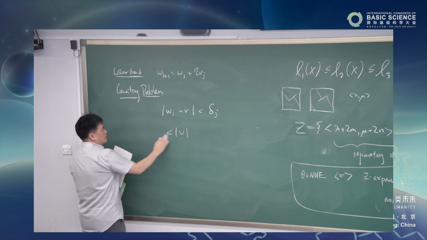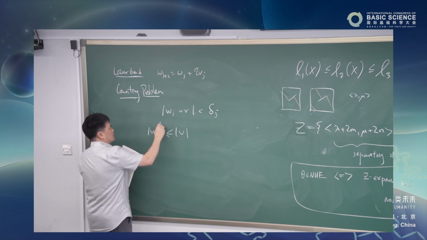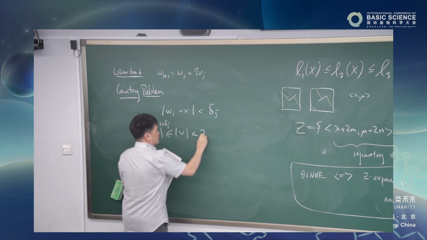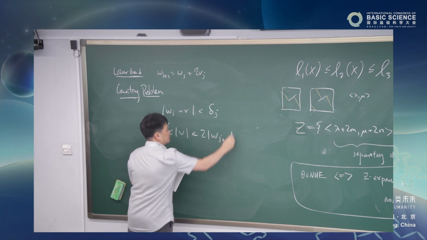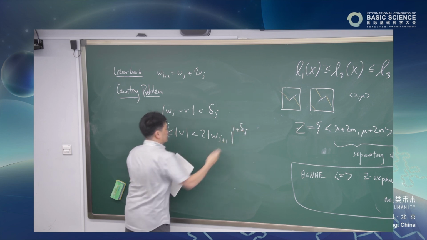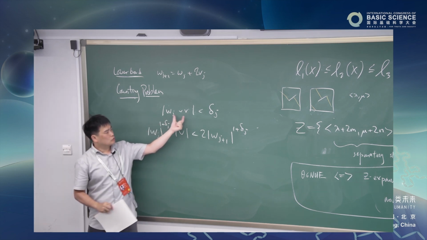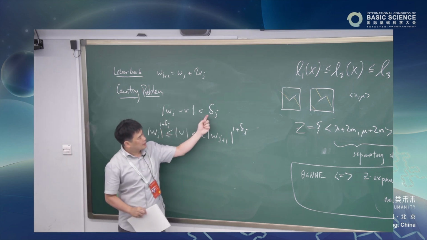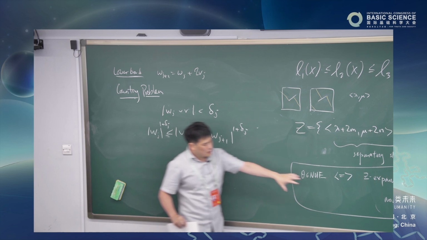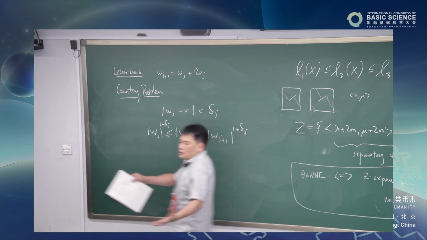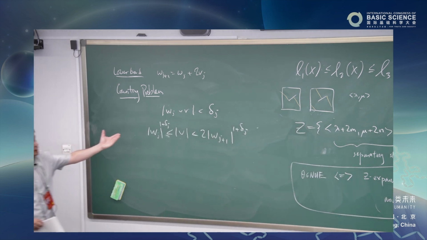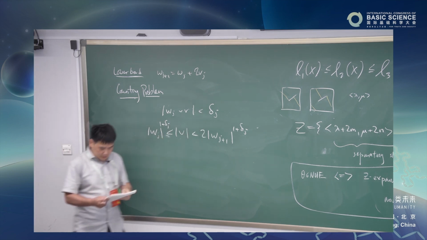So you want to control the length. You build a nice set where the growth rate of the lengths are reasonably controlled, and you control the cross products. Of course, you want to find a sequence where the delta j's are summable, and so that's the counting problem. It depends on the choice of a sequence of the delta j's.